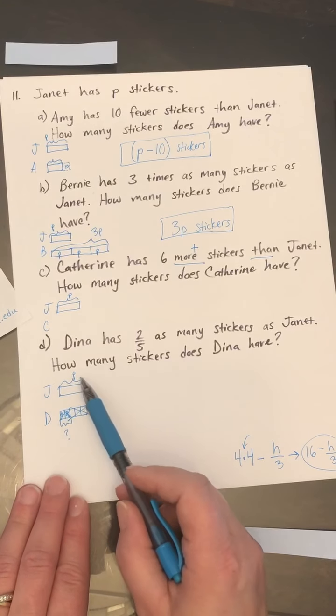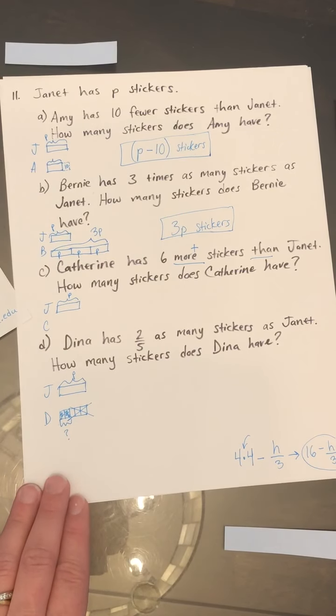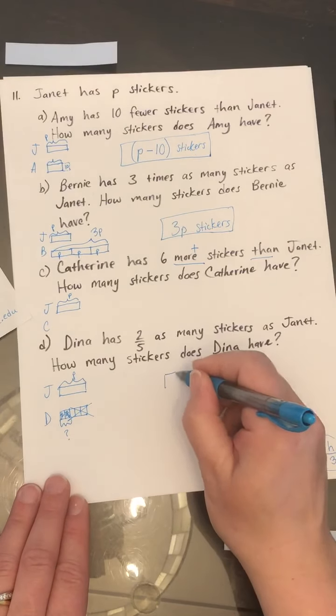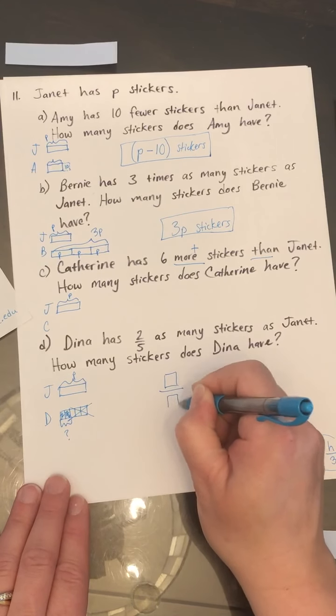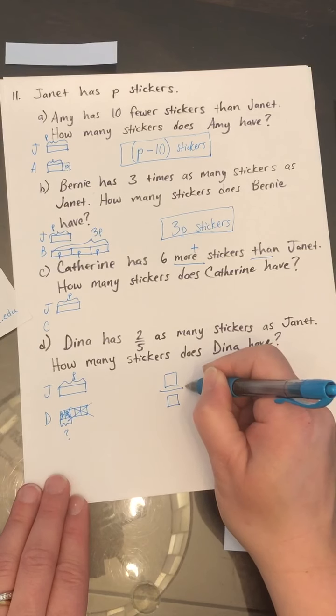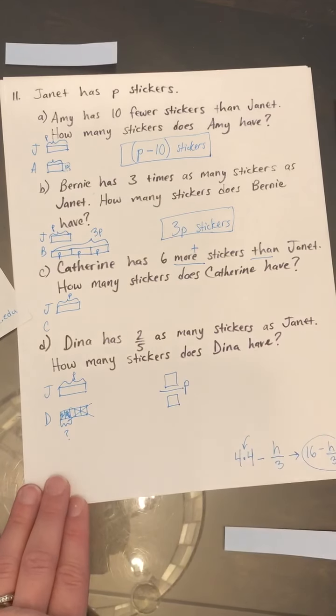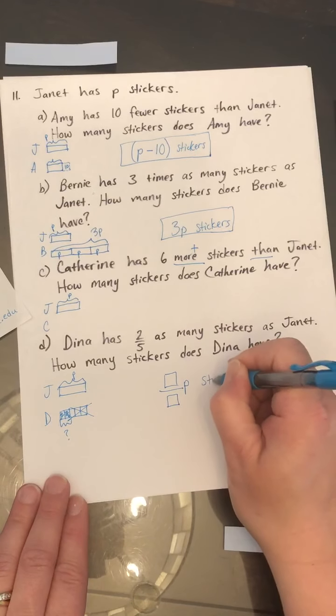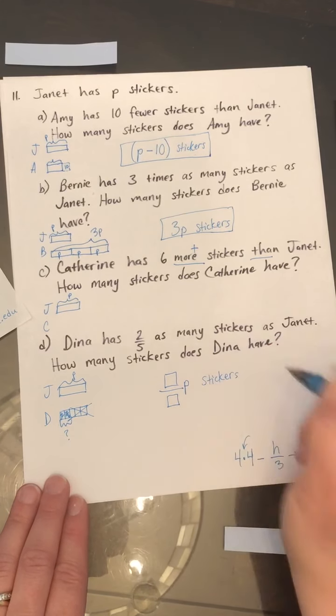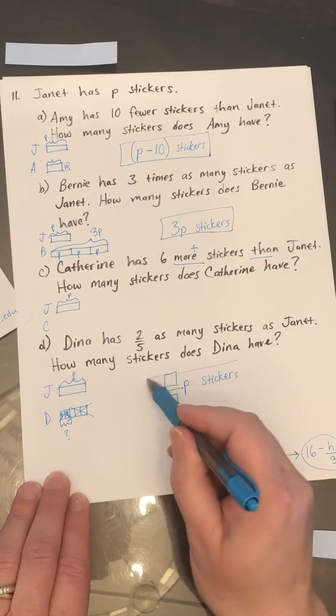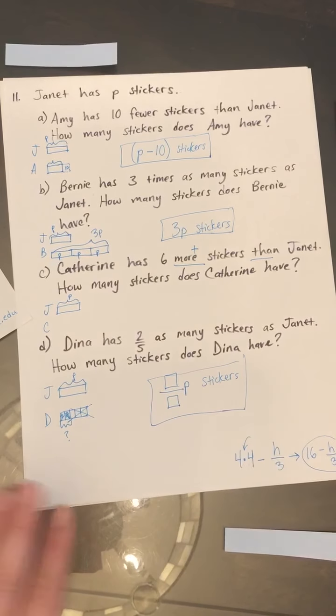I don't know what that mystery number is, but I have a variable that represents it. So what I'm looking for here from you is going to be a fraction times the variable p, or times the total that we started with for Janet. And when you're done, you're going to label it for me. And you'll be done with numbers 1 through 11 for lesson 7.1.